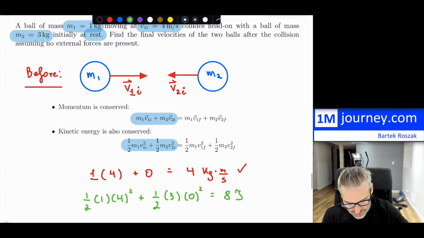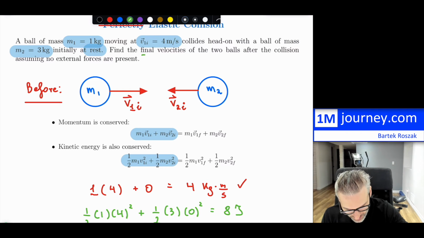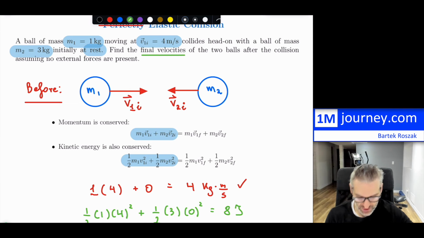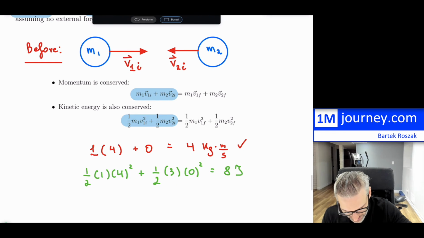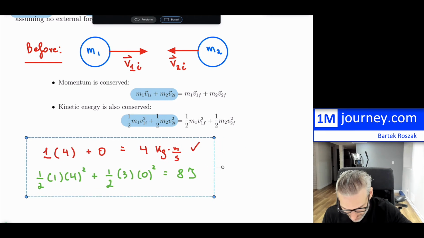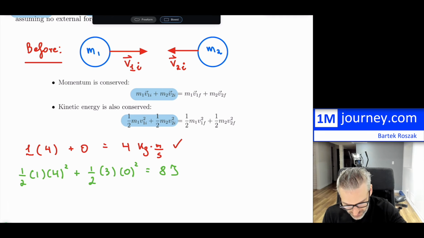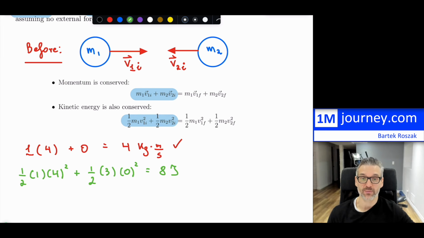Now afterwards, we want to find the final velocities, which is the right-hand side of the equation. So that's something we're going to try to substitute as well. So this is before, right there. Now I want to find out what it was afterwards.